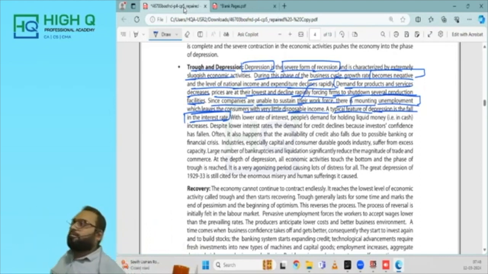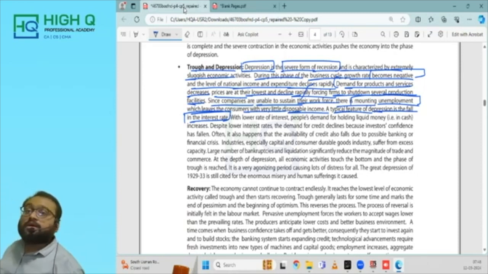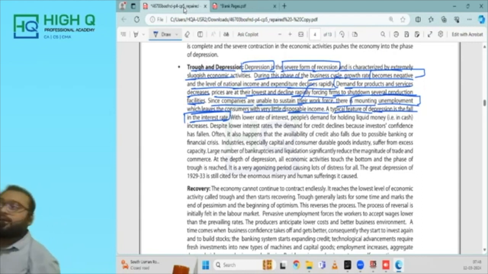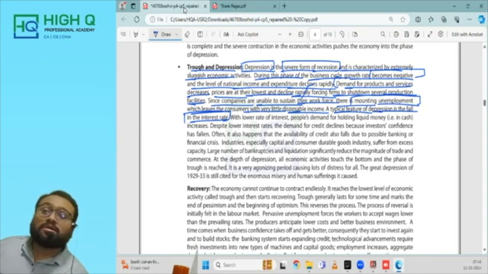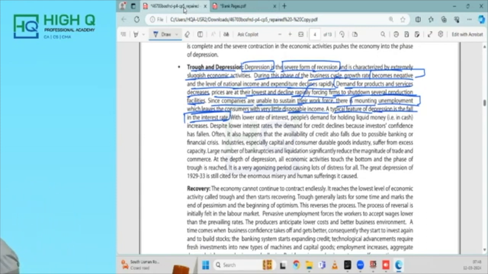Say yes or no. During trough or recession or depression, what I told? Employment is lowest. Demand is lowest. Prices of goods and services are lowest. Production is lowest. Interest rate falls.